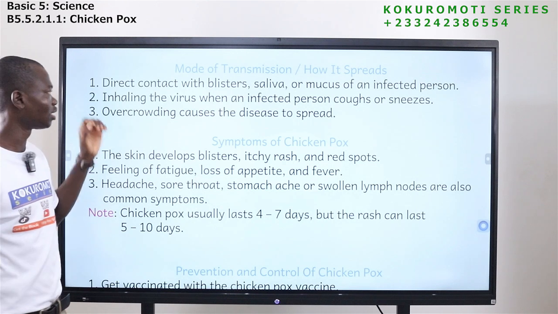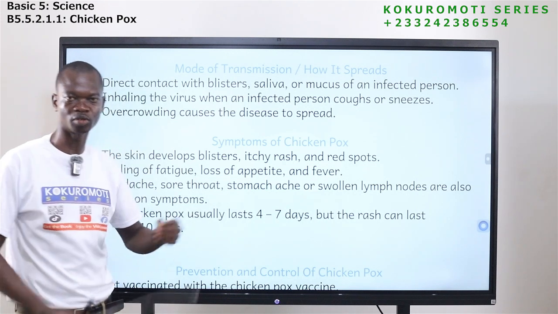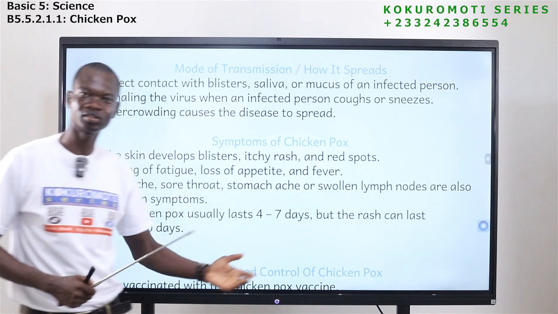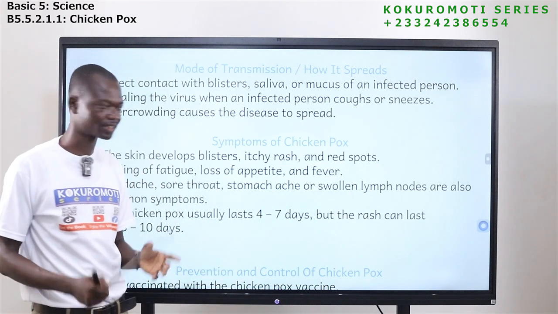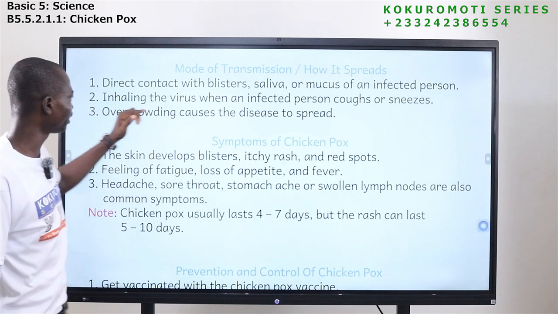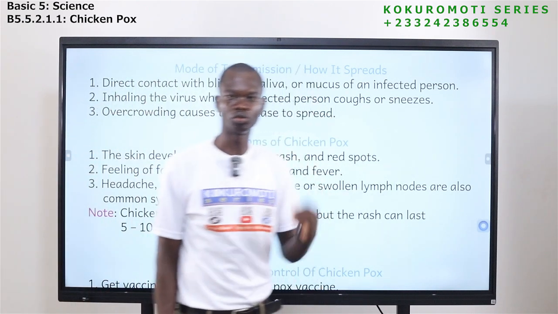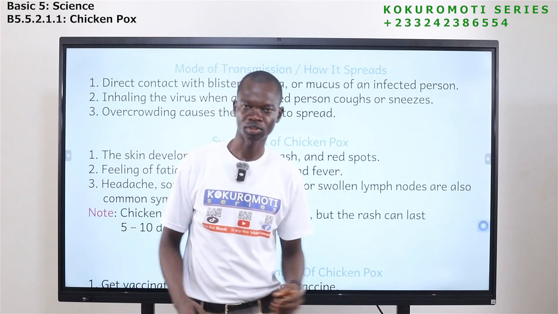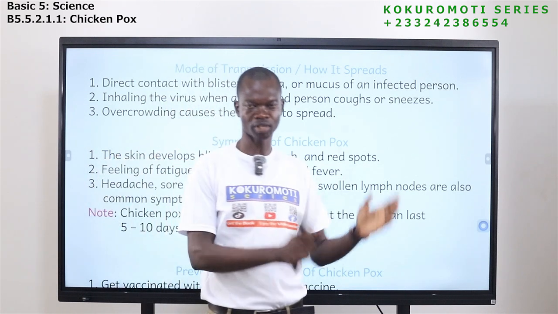If someone has chickenpox and you have contact with them through body touch or touching the saliva or the mucus, you also get infected. The next one is inhaling the virus when an infected person coughs or sneezes. Chickenpox is an airborne disease, meaning it can spread through air.